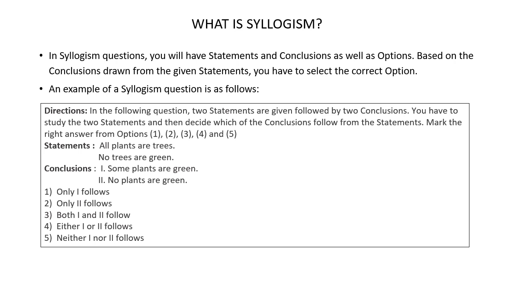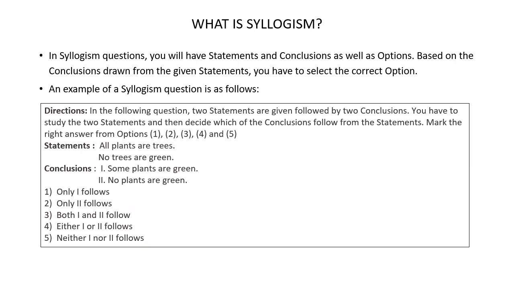So in this syllogism question, you're given two statements followed by two conclusions. Now, based on these two statements, you have to find out whether conclusion 1 follows or conclusion 2 follows. Now, after deciding which of the conclusions follow from the given statements, select the right answer from the given options.